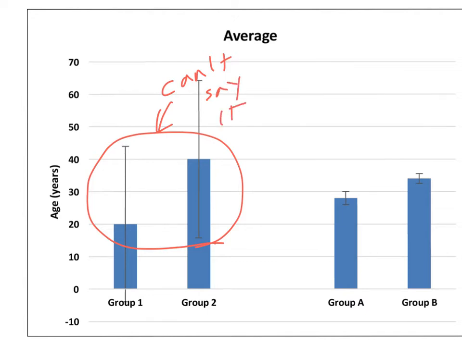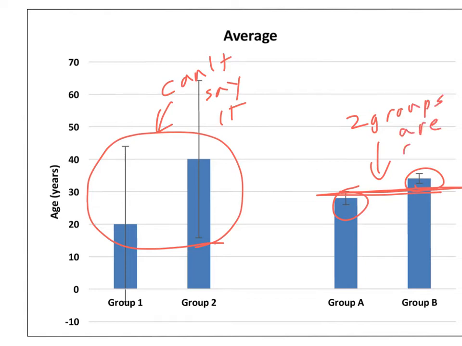Here, however, there's no overlap. Since there's no overlap in those interval bars, or those error bars, the two groups are different.